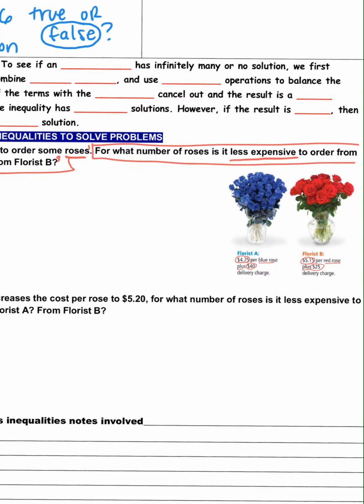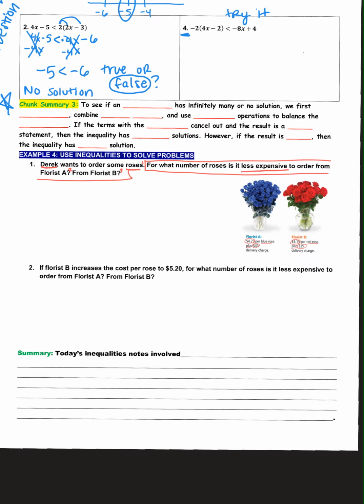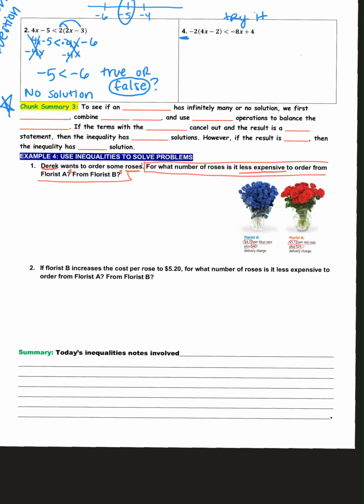So when I set this up, I'm going to have the cost of the blue roses, and then we want to know when it's less expensive for florist A. So the sign for less expensive would be less than.